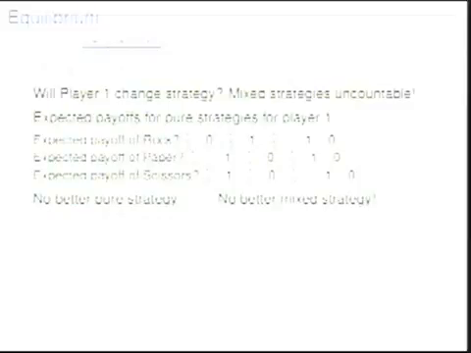So for each row, if player 1 wants to change, we check whether any of his pure strategies is better. That's easy to check, and there's no better pure strategy. In fact, that means there's no better mixed strategy, because against a fixed opponent you're doing an average over these rows. You might as well pick the row that gives you the best value. So if every row gives you the same value, you might as well not pick any other row.